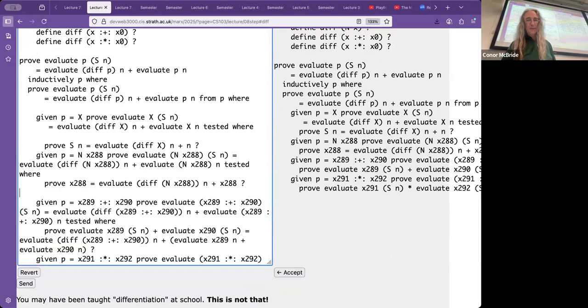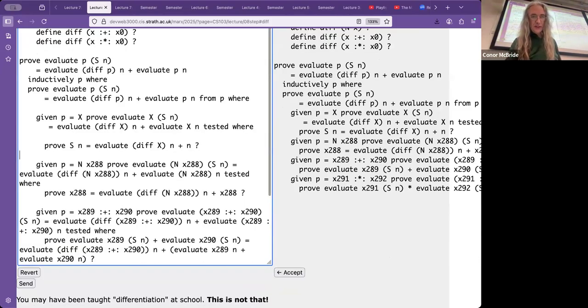Right. Okay. So our first goal is this one. We don't yet know what diff x has to be, but whatever it is, when you add it to n, you get successor of n.